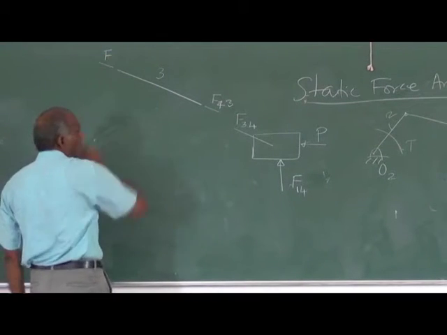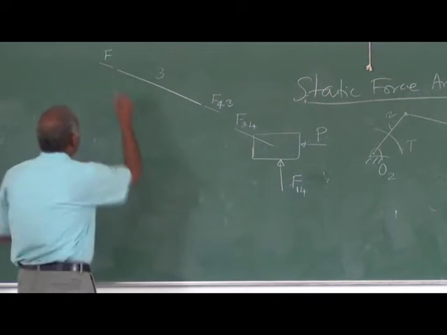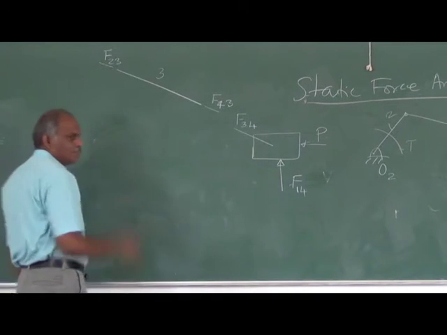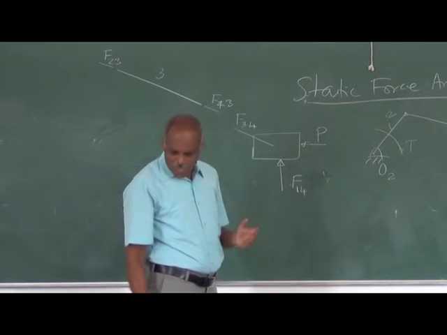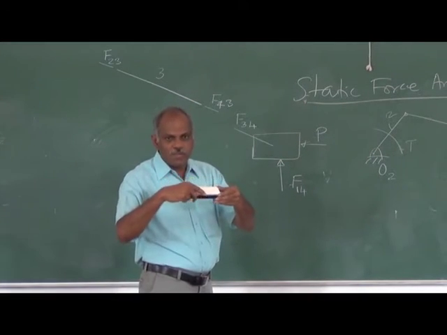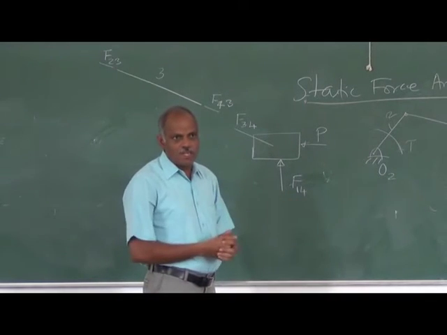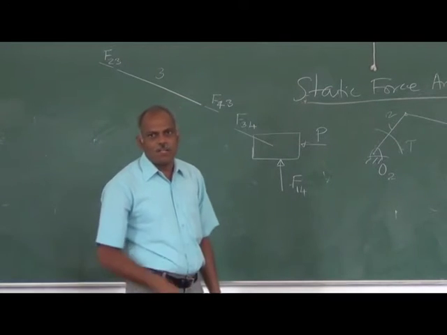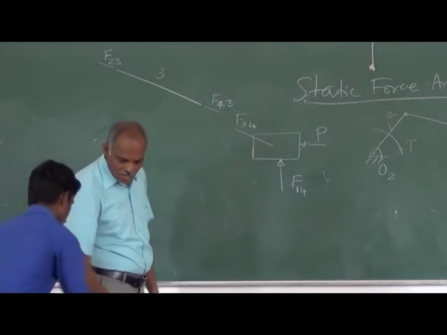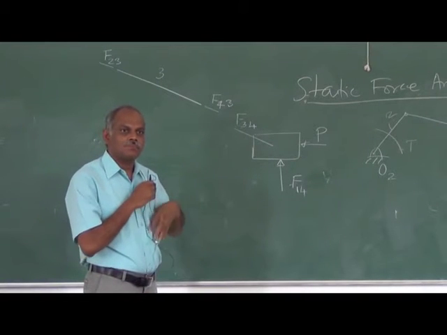Similarly here you will have a force that is applied by 2 on 3. But when an interaction is taking place between two bodies, the forces can be transmitted as well as the moment can be transmitted. There can be a transfer of moments as well.